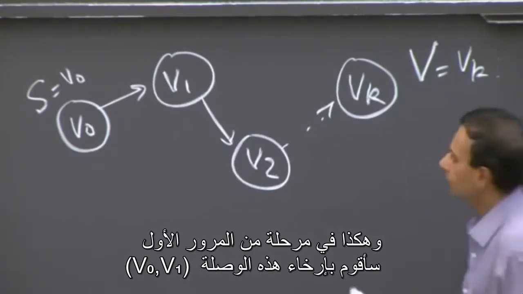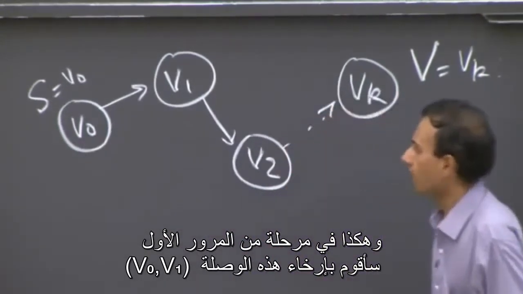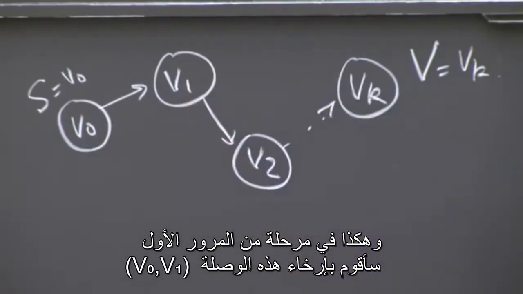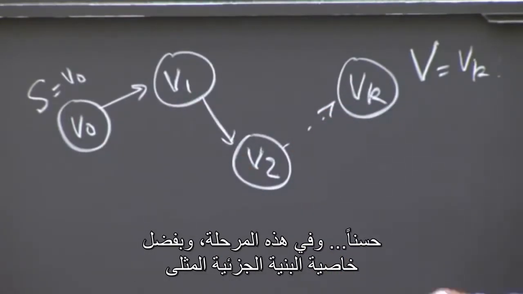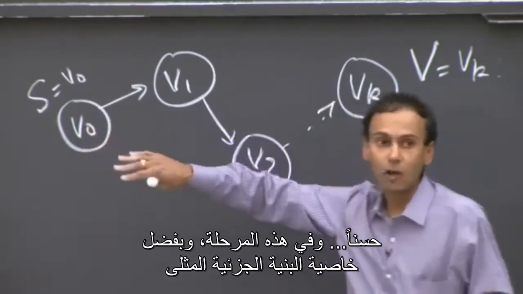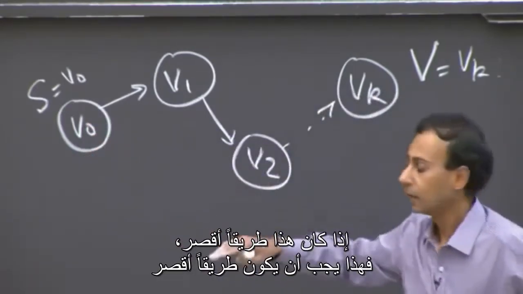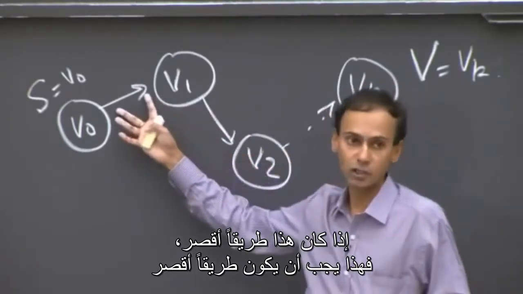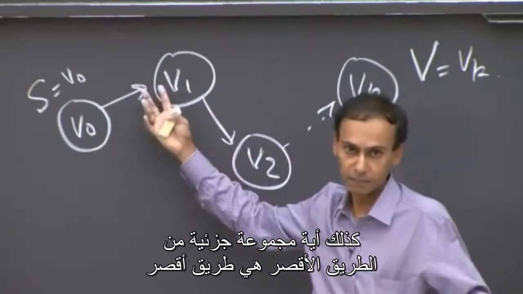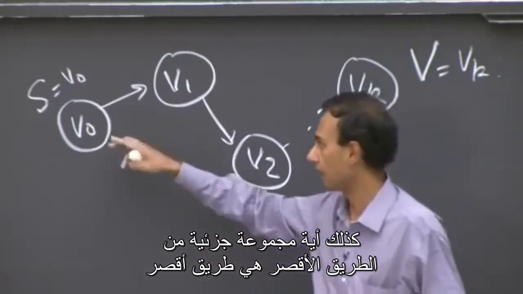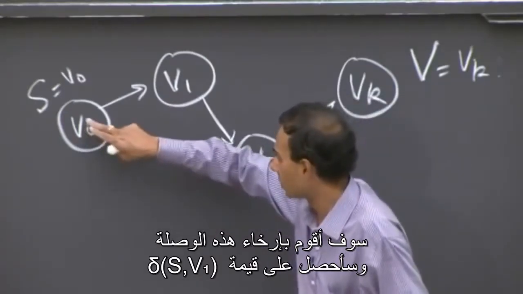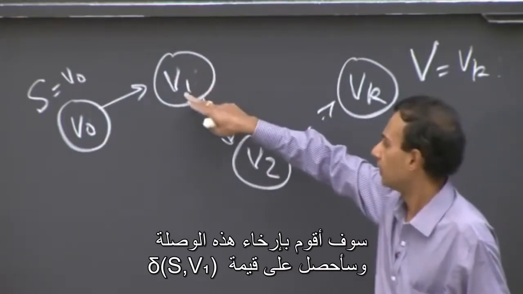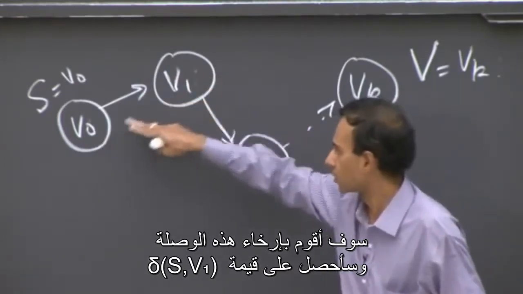Right, so at some point in the first pass, I'm going to relax this edge V0, V1. And at that point, thanks to the optimum substructure property, given that this is the shortest path, this has to be a shortest path as well. Any subpath of a shortest path has to be a shortest path. I'm going to relax this edge, and I'm going to get the value of delta from S to V1.